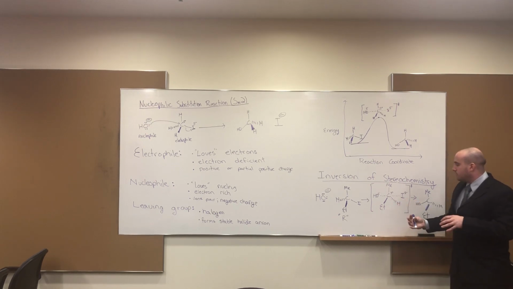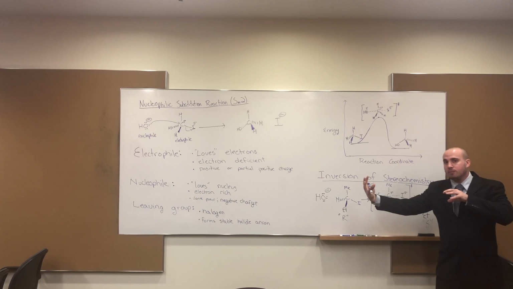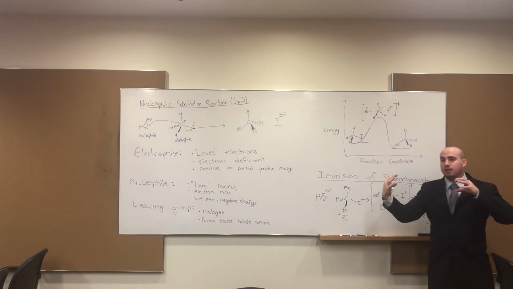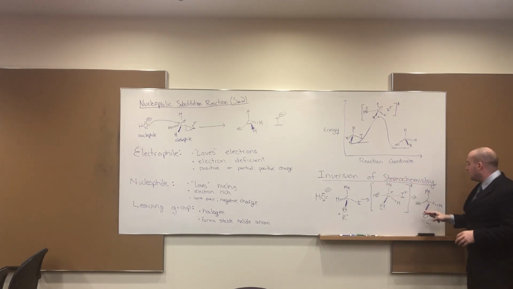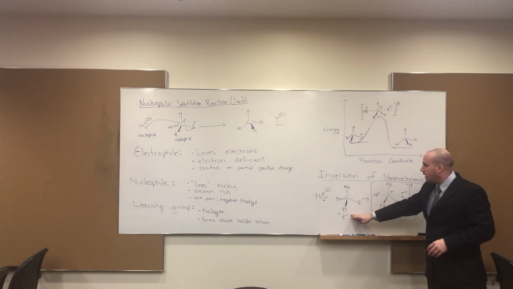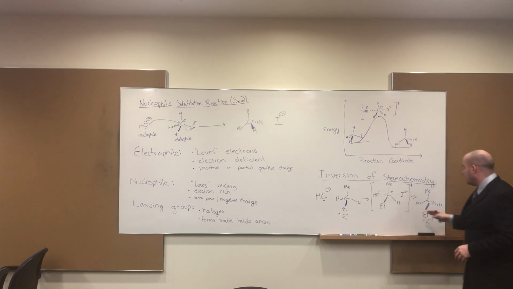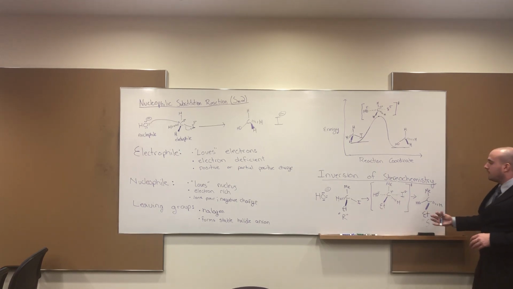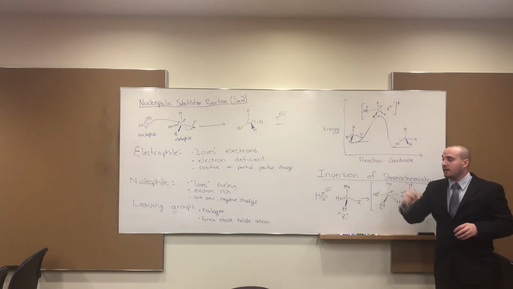Here it's important for us to notice that the bond being formed is on the backside of the bond being broken, and this results in an inversion of stereochemistry. While we have an R starting material, we're going to get an S product because of the inherent nature of this backside attack of the molecule.